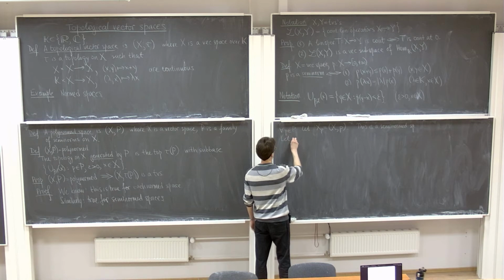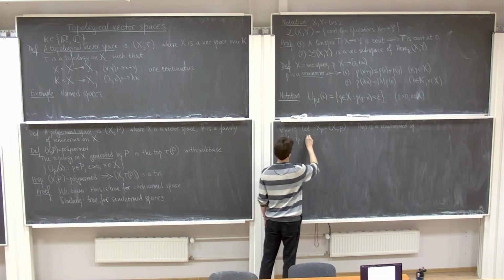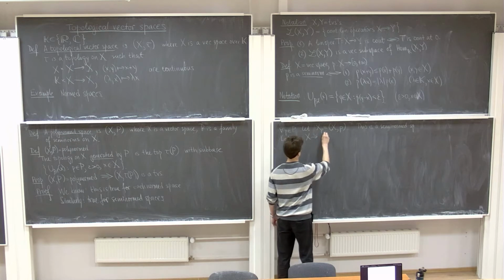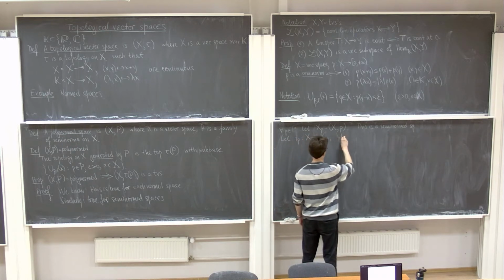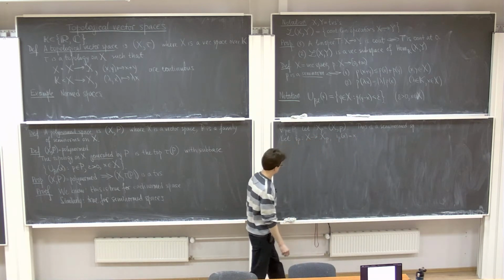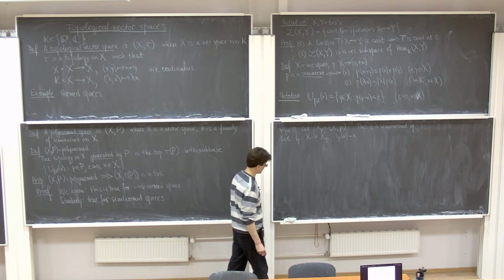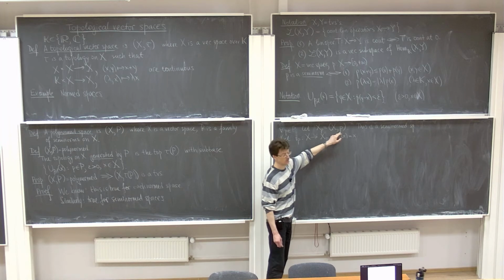And we let little i_p denote the map from X to X_p which is the identity map in the set theoretic sense, but only in the set theoretic sense, because as topological spaces, these two spaces are different. Here we have the topology generated by all seminorms from our family, and here we have the topology generated by only one of them.